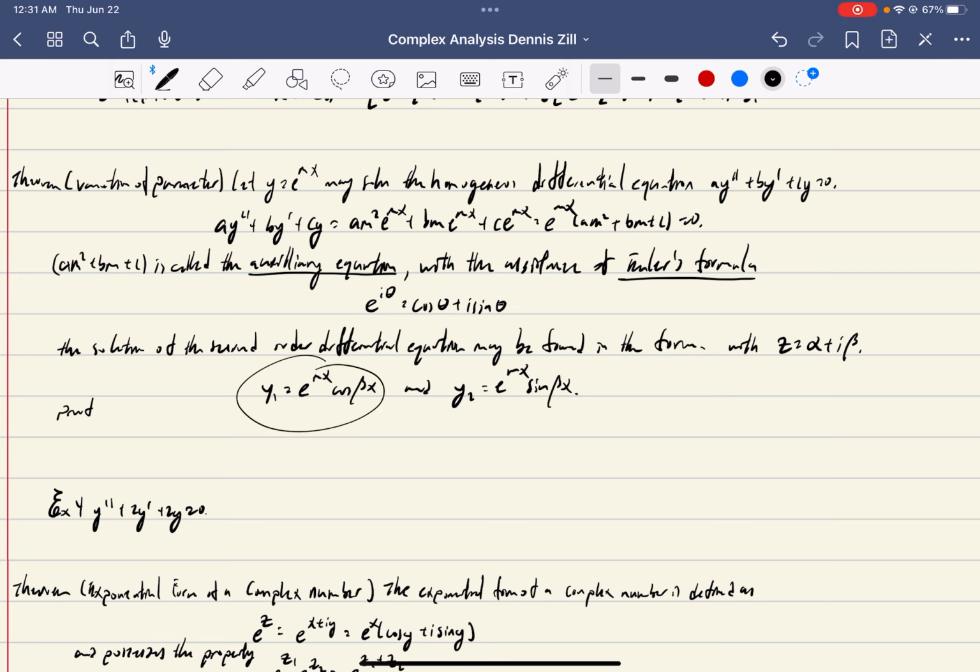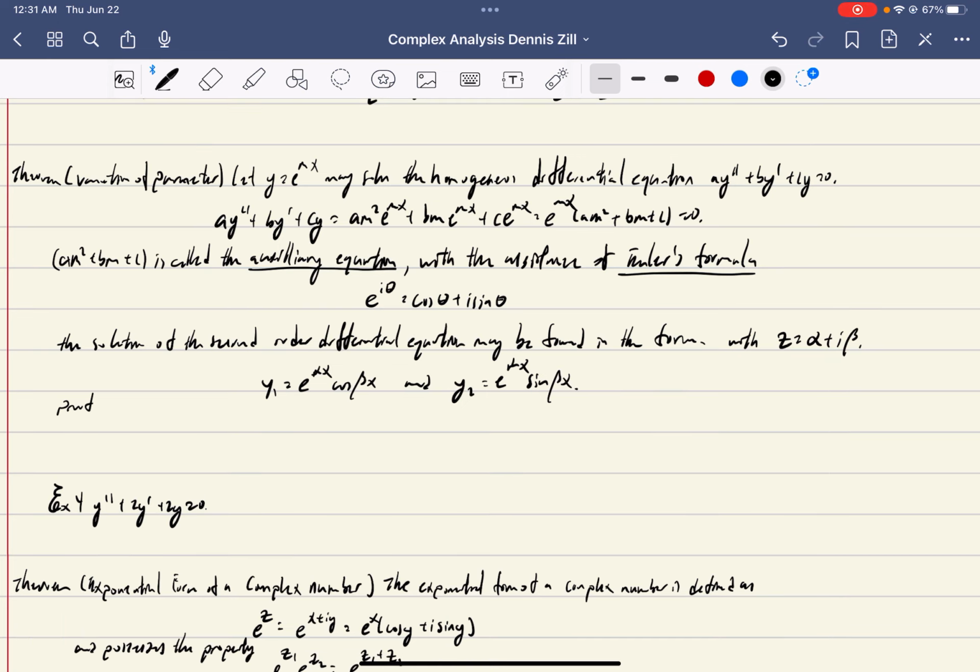Then y1 is equal to e to the alpha x multiplied by cosine beta x, and y2 is equal to e to the alpha x multiplied by sine beta x.